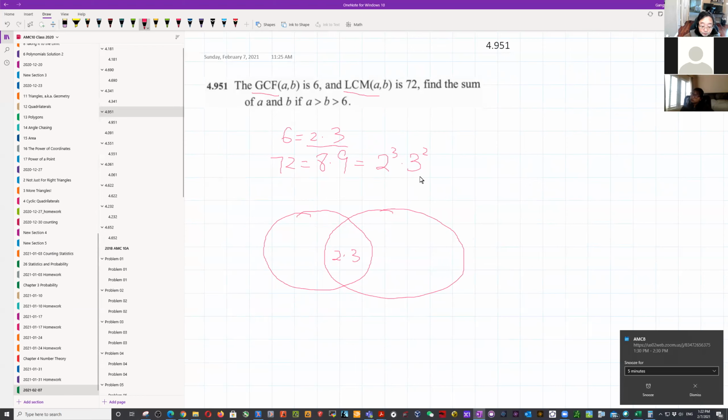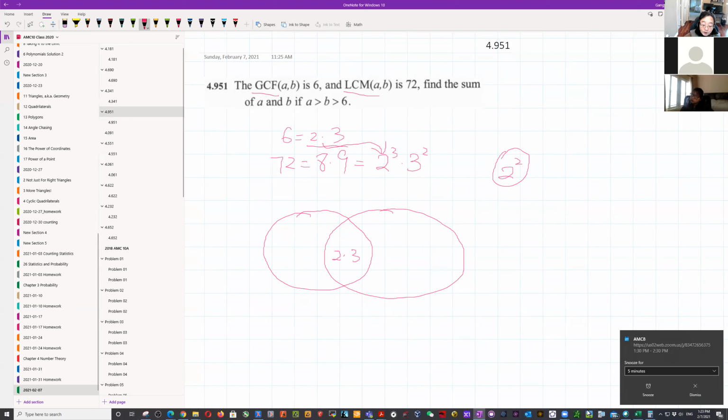And then basically for the missing power, for 2, I'm missing an index of 2. I have a 2 squared that needs to be put in. And this 2 squared is a private factor, solely belonging to one side. It cannot belong to both sides.